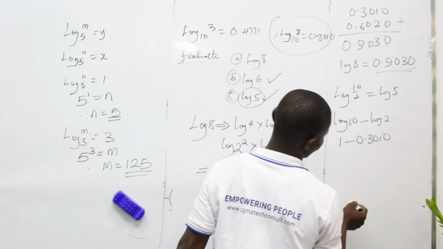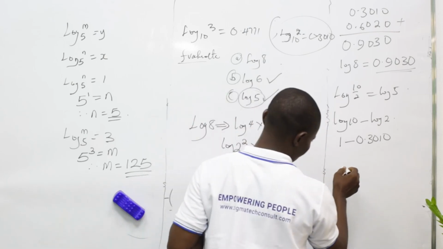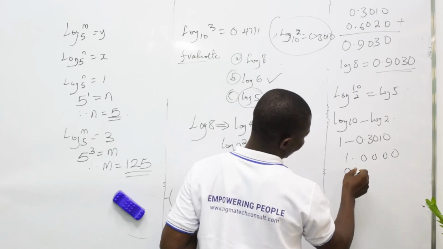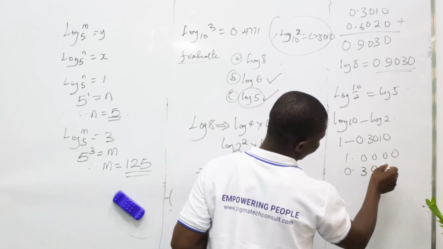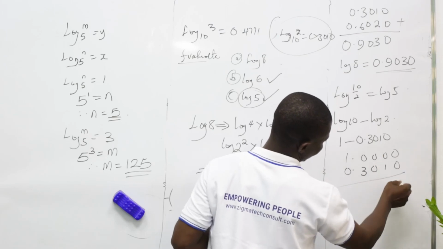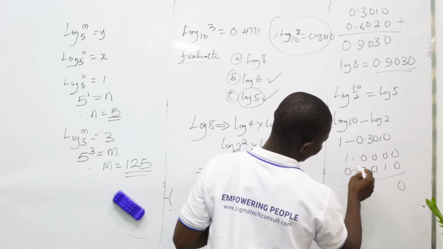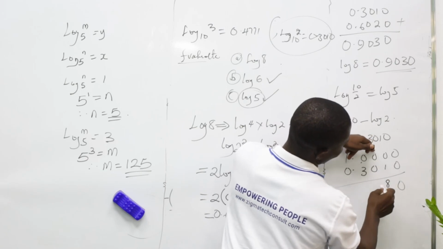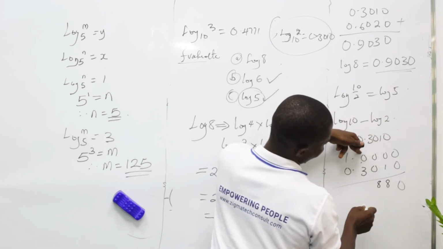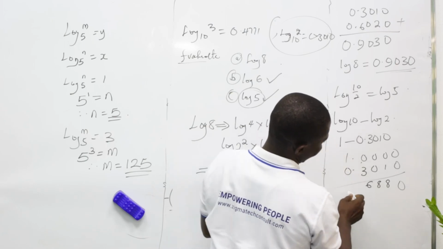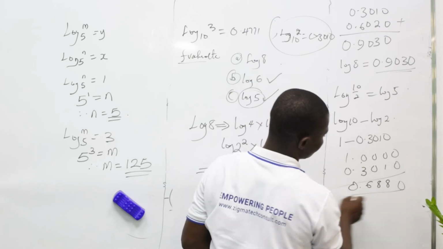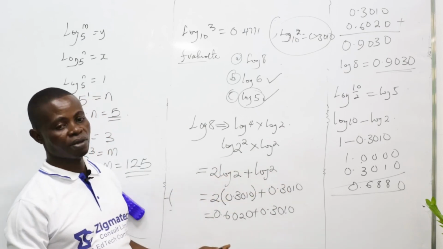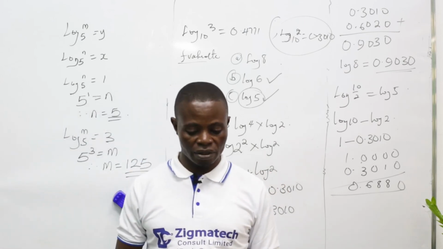So 1.0000 minus 0.3010. You subtract, borrow, 10, carry, 9, 8, 9, 6, then 0 remains. Meaning your answer is 0.6990. And that is the final answer.